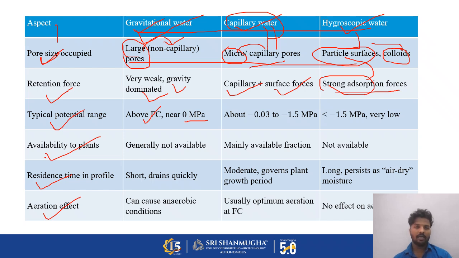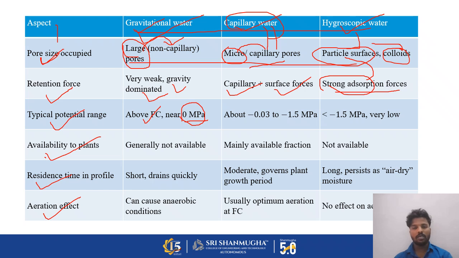That means there is no pressure acting on gravitational water. That's why gravitational water drains or flows freely in the soil profile without any disturbance of a pressure range.